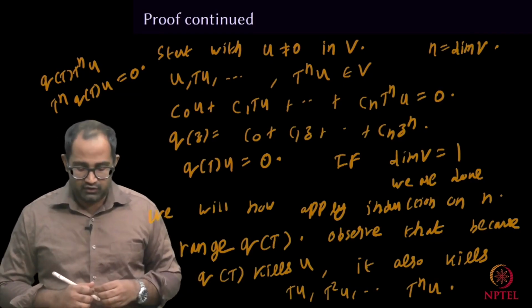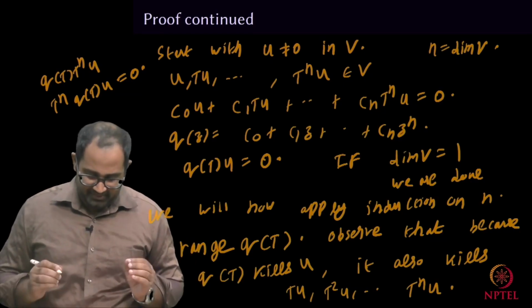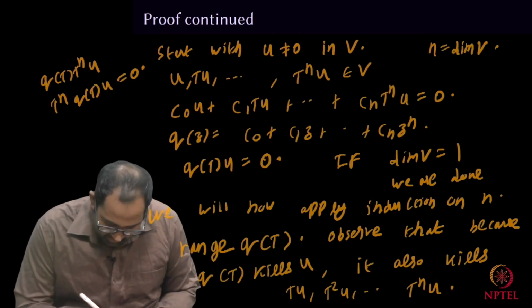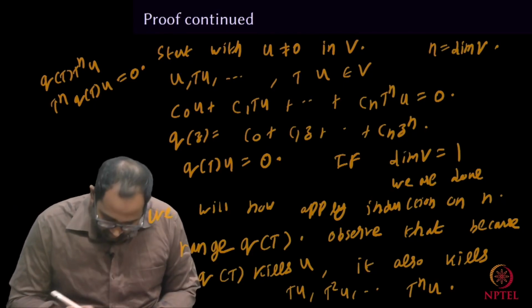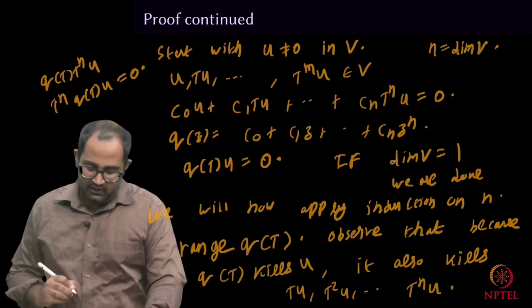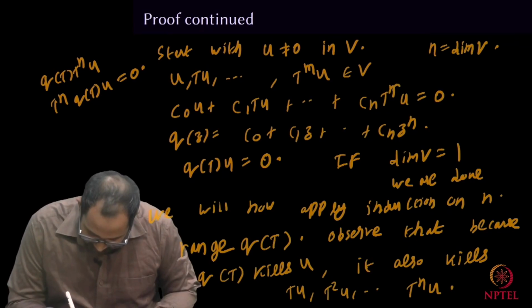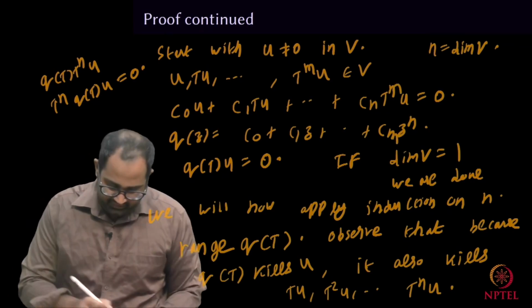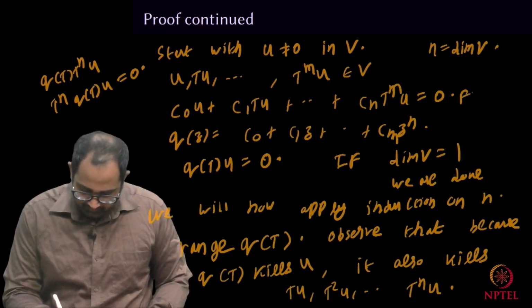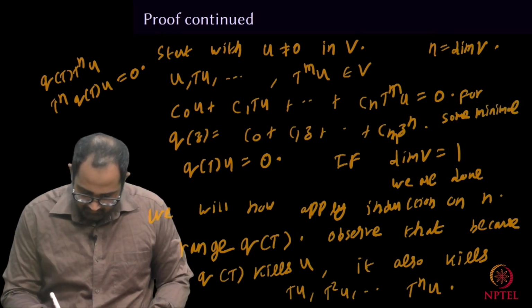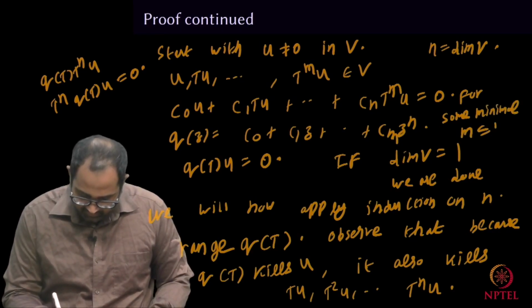So what I'm going to do is make a slight change. I'm going to make this n into little m. Here also little m, here also little m. And I'm just going to say for some minimal m which is less than or equal to n.